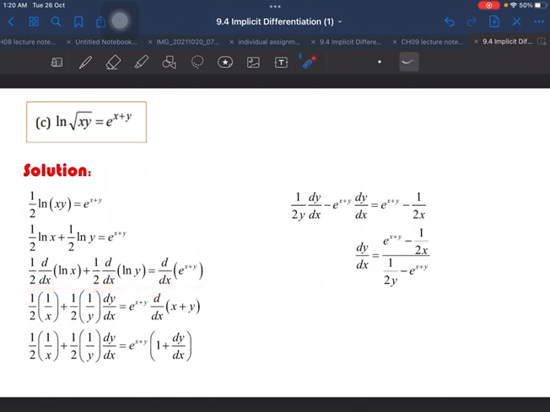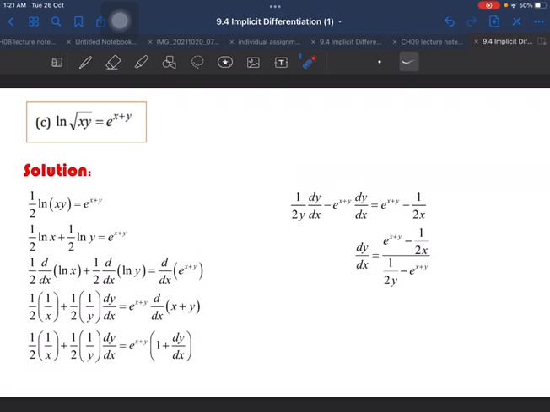Now we differentiate term by term. For the first term, 1 over 2 and differentiating ln x we get 1 over x, plus 1 over 2 as a constant, and differentiating ln y we get 1 over y. Don't forget to multiply with dy over dx because the variable is y.